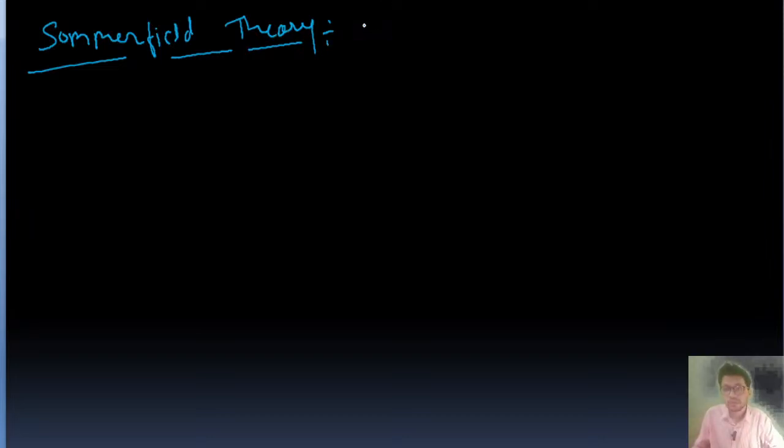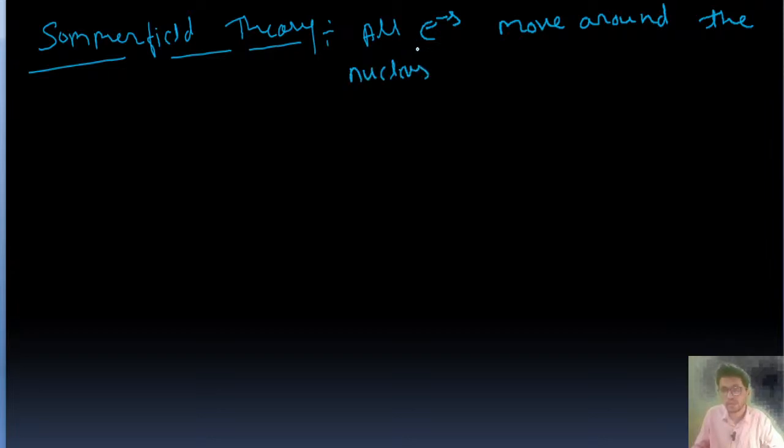So Sommerfeld theory, which is given by Sommerfeld, says that all electrons move around the nucleus in an elliptical orbit.